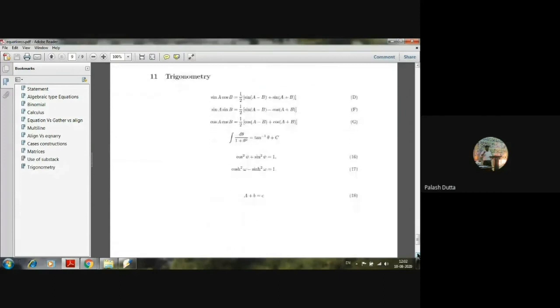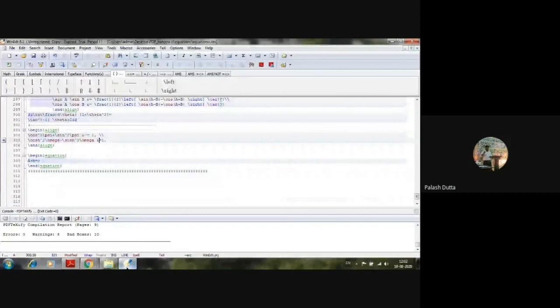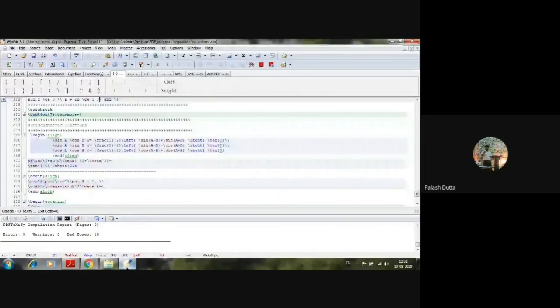Now some trigonometrical functions, let's see how we can write them. We are using begin align: \sin a \cos a equals \frac{1}{2} left bracket, then right bracket here, then \sin(a minus b) plus \sin(a plus b).